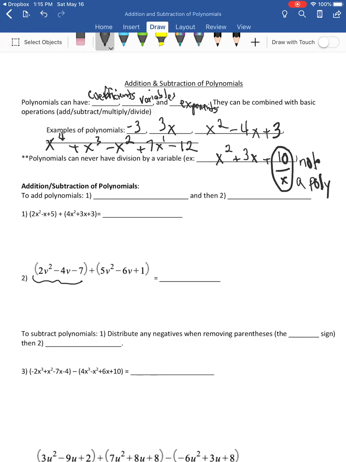All right, so let's start getting into some of the arithmetic of polynomials, addition, subtraction, and the next couple of lessons following this will be multiplication, division, which gets more involved.